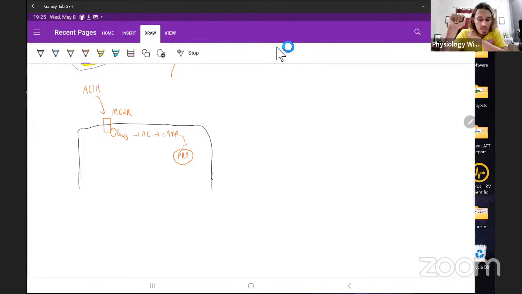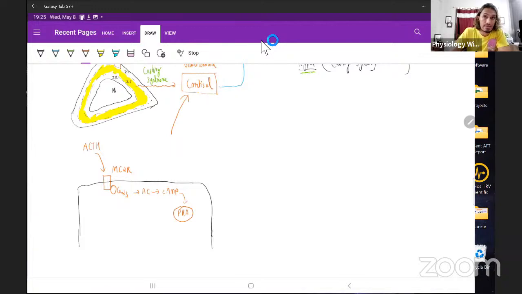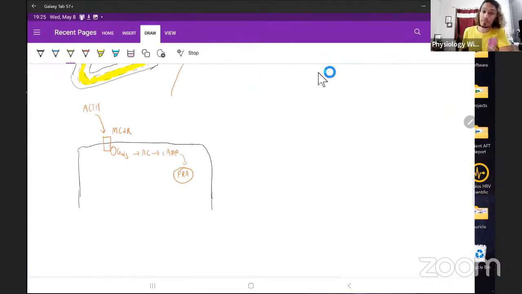Can you try telling me what type of hormone is your cortisol or glucocorticoid? Yes, Pranali. Yes, so it's a steroid type of hormone.